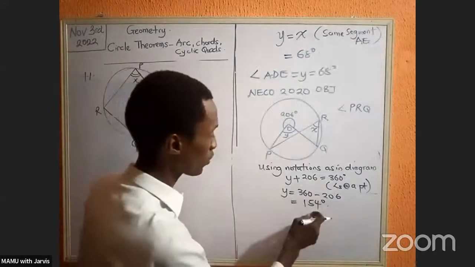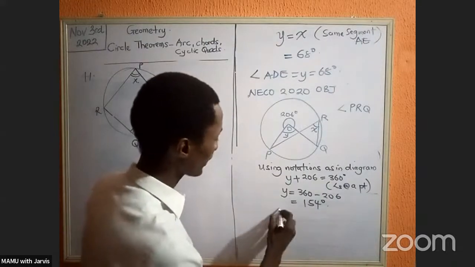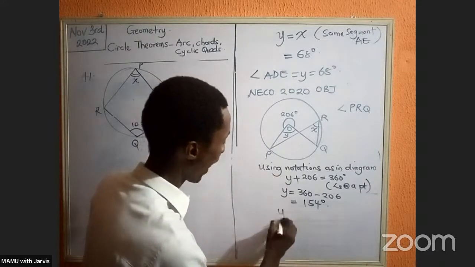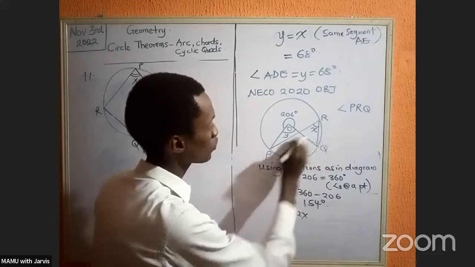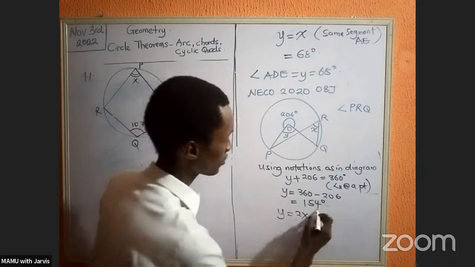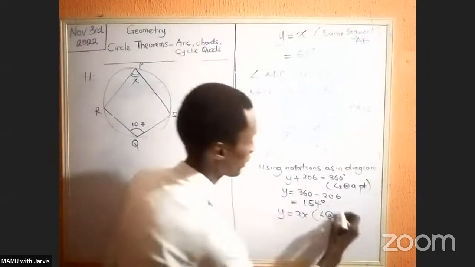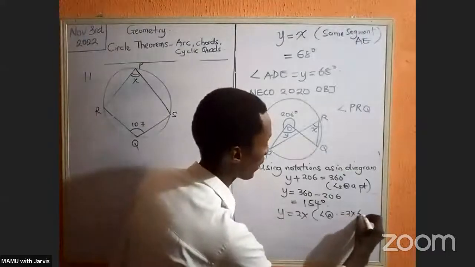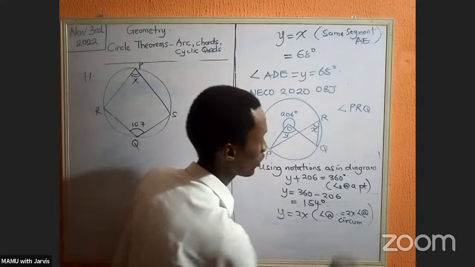Now, y is equal to 154. So what does that mean? We know that y is equal to 2x. The angle at the center is equal to 2 times the angle at the circumference. So angle at center equals 2 times angle at circum. The word circum there will mean circumference.